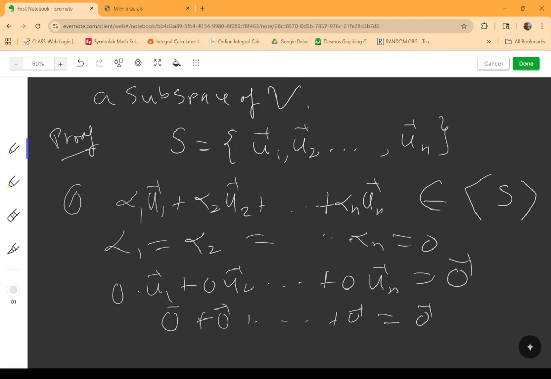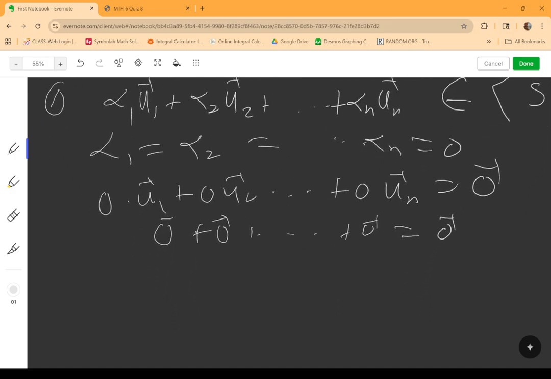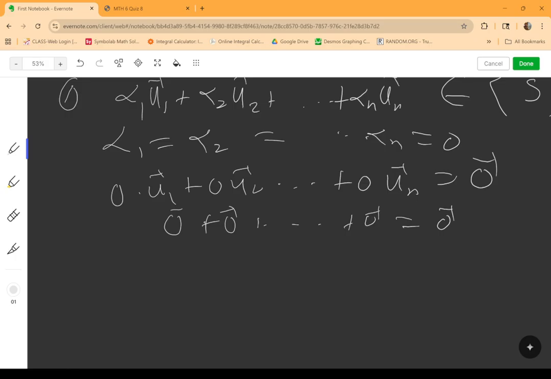So it's not empty; the zero vector is an element of the span.